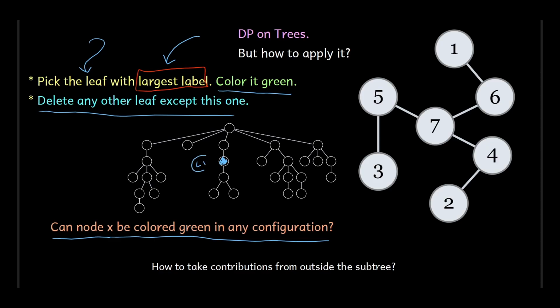And in case you are interested, towards the end of this video we will also talk about level 2 of this problem, where I want to find out in how many of these configurations can this leaf be colored as green. Or in other words, this is a variation of the Codeforces problem that appeared in a recent Div 2 round.